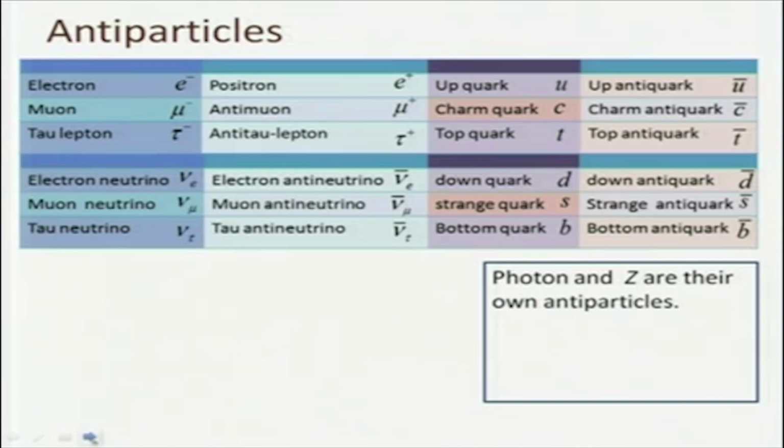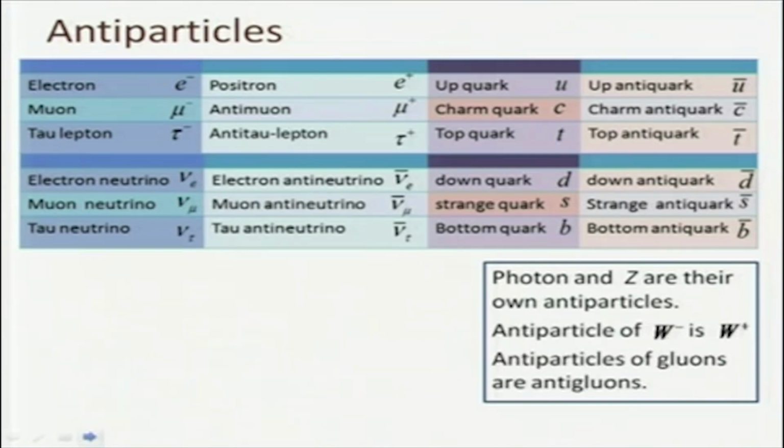All these are consistent interpretations and a consistent picture that you can work out quantum mechanically and then live with. But W minus and W plus can be thought of as antiparticles of each other. Gluons have antiparticles called anti-gluons.